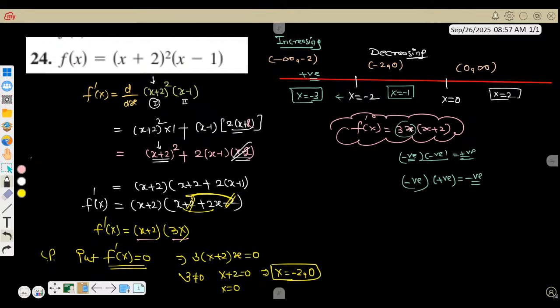If we put 2, this is positive and this is also positive, and positive times positive gives us positive. So it means the function is increasing. So from minus infinity to -2 increasing, -2 to 0 decreasing, and from 0 to positive infinity the function is increasing. Are you getting my point? Yes. Everything is clear? Yeah, I understand. Okay, very good.